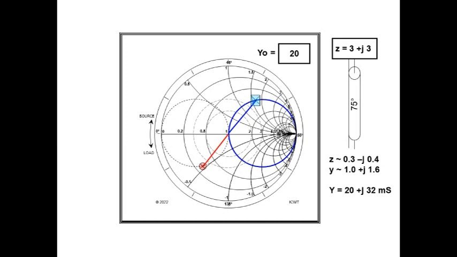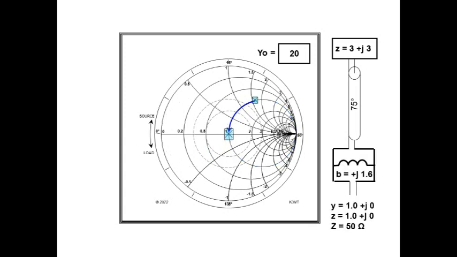We can remove the capacitive susceptance, B, by placing an inductive shunt across the coax. A shunt of plus J 1.6, or 36 millisiemens, will do. The result is a non-reactive admittance of 20 millisiemens, a resistive load of 50 ohms, often a target of such manipulations.